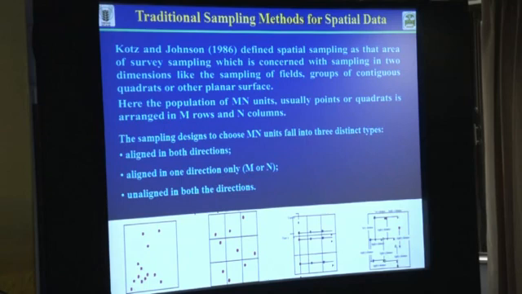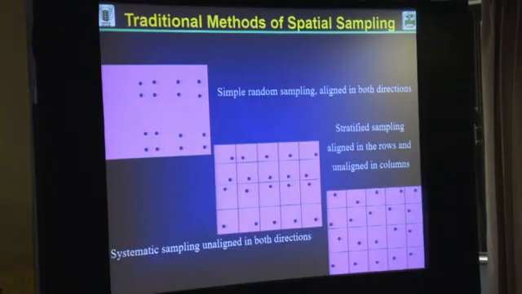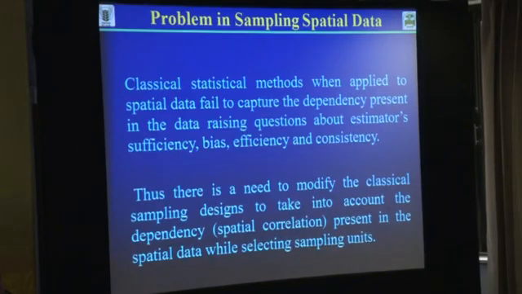So the basic point is, earlier the traditional sampling designs used for spatial data were the same traditional designs like simple random sampling, stratified sampling, and systematic sampling. And they were used in this way, that is simple random sampling aligned in both directions, or stratified sampling aligned in rows or columns, or systematic sampling unaligned in both directions, because no specific designs were developed for spatial data.